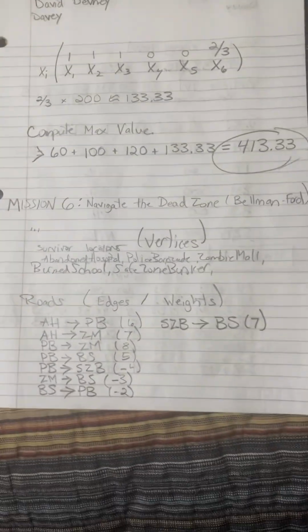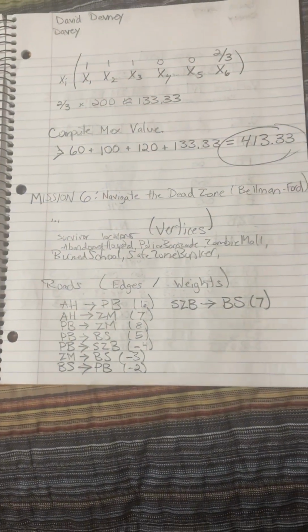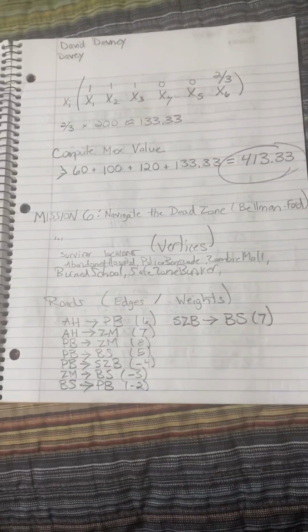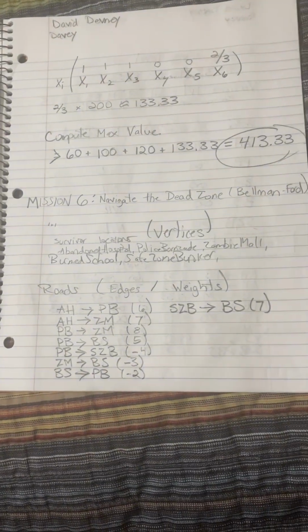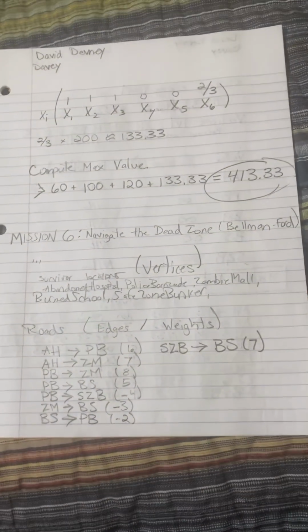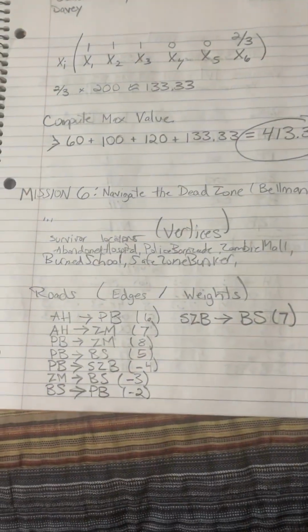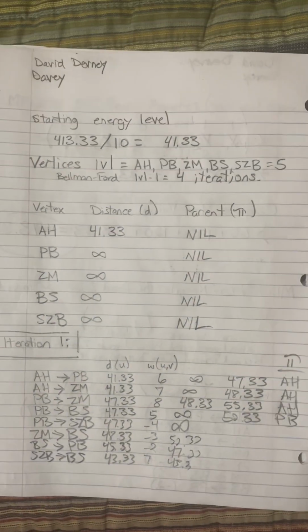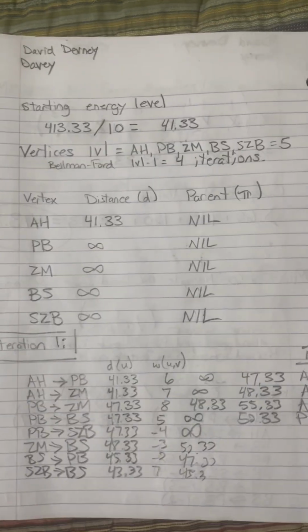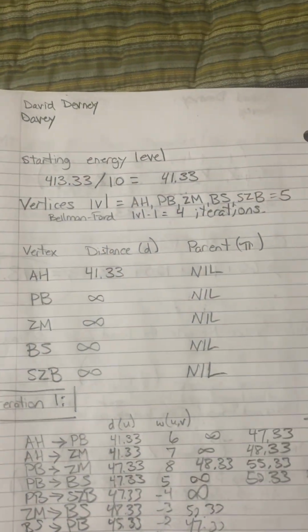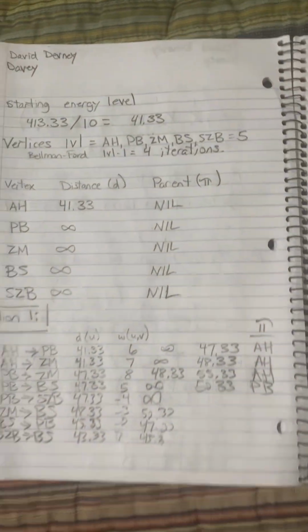Mission 6. Okay, so we got these vertices. We're going to do the Bellman Ford. We got these edges, these weights. I just abbreviated everything because it's easier. So starting level was the previous number divided by 10, which gives you 41.33.